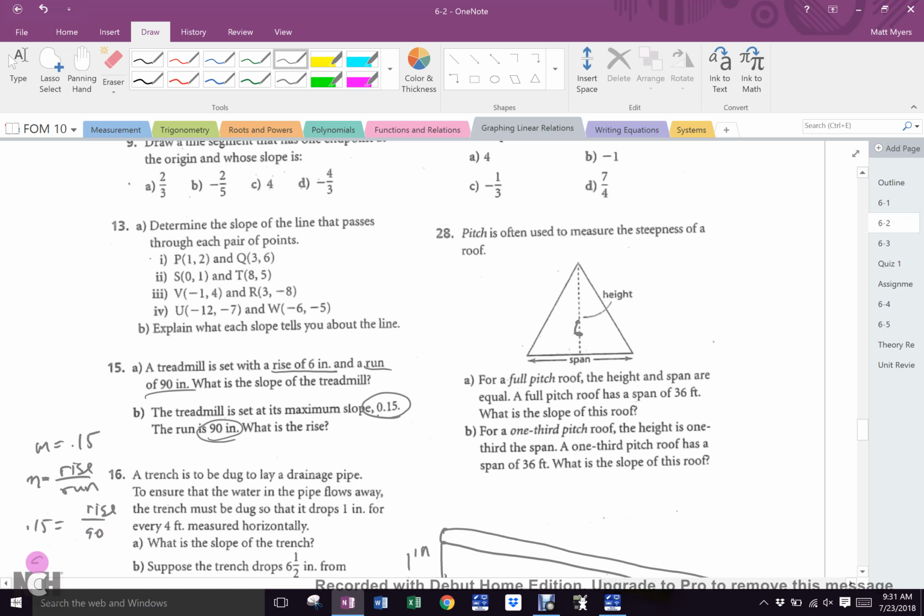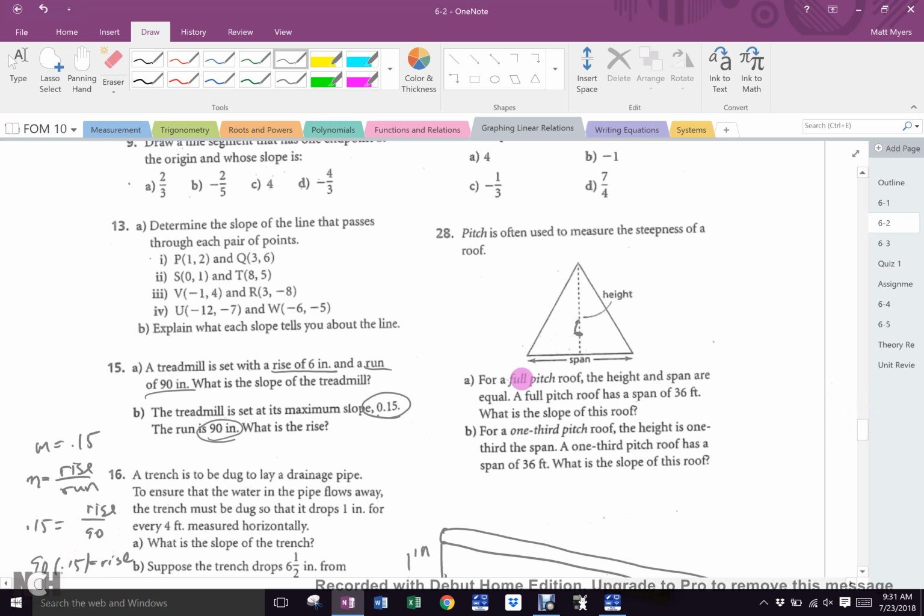So it's 90 times 0.15 will equal my rise, and whatever that is. 900 and 450. I can't do that in my head right now. 13 something. 13.45, maybe. Whatever. Because you're going to do that with your calculator. Any other questions? Amrit? 28.